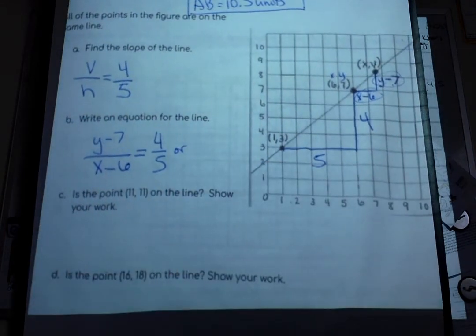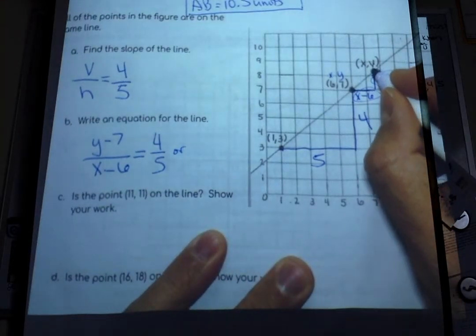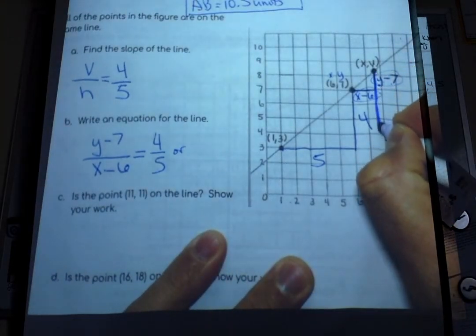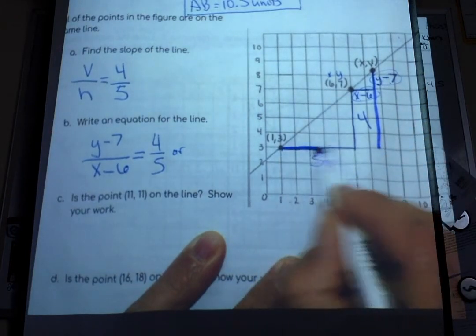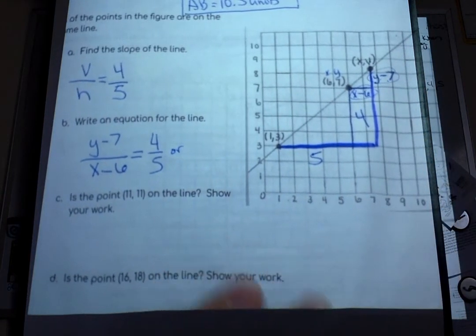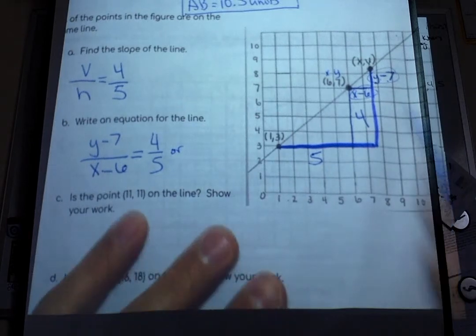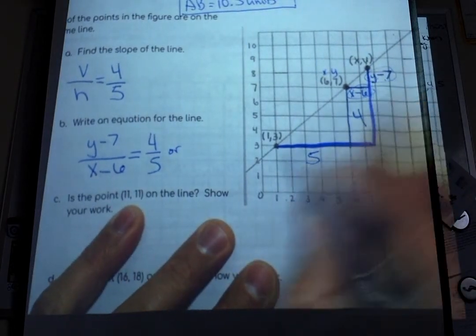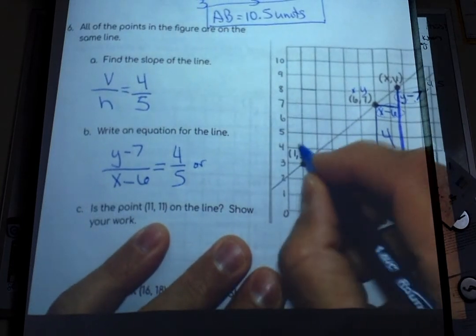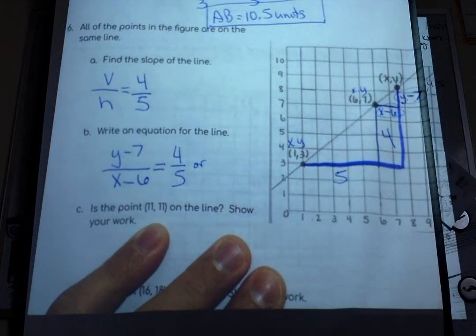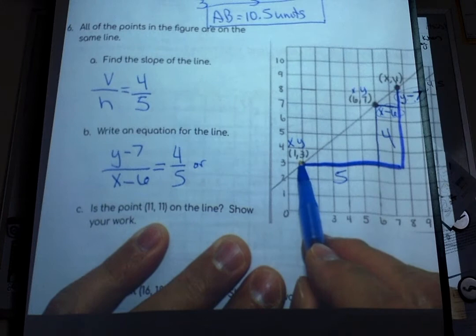Or, if you used the larger triangle, which I'll draw in a different color, purple, we went down and followed it to here. The other way, you don't have to do both. This time we look at the x and y value down here, this point, 1, 3.